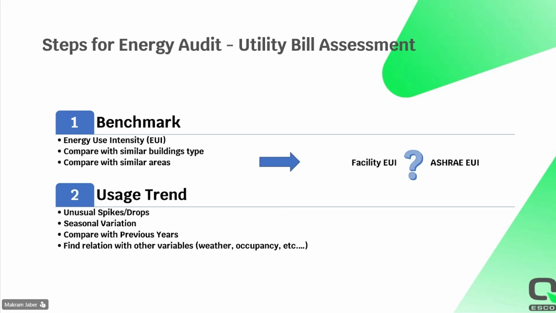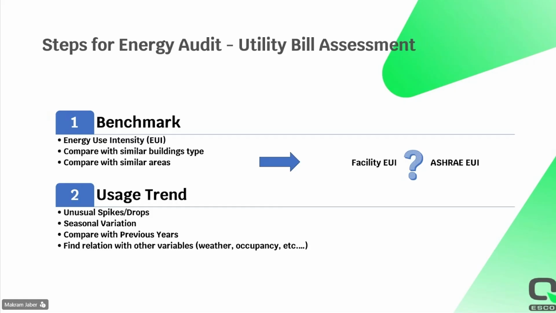But we have, for example, the universities, where you will see that in the summer the consumption is reduced, maybe because the students are not there, compared to other months where there are classes.